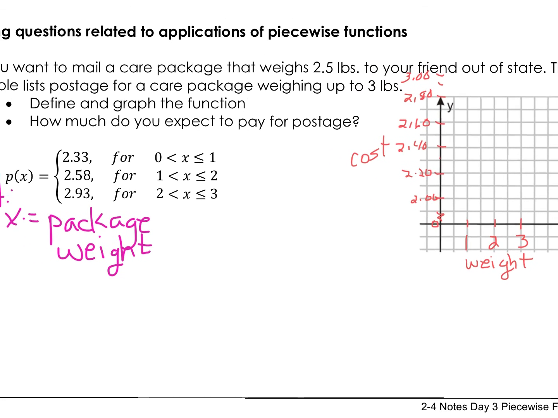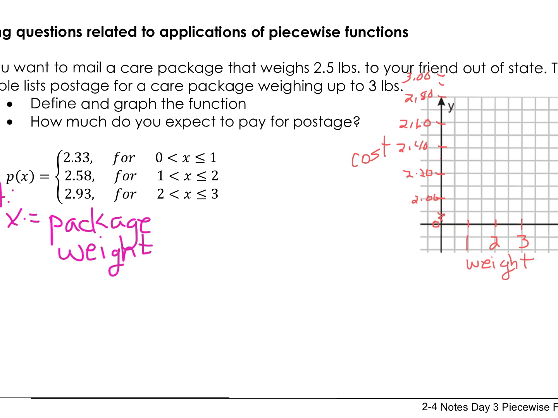All right. So we are going to plot the first one. Let's put this one right here in green. So if our package weight goes from 0 to 1 and includes 1. All right. So right here at 1, because I know it includes 1, that's my closed circle. We're going to go all the way up to $2.33. So that gets us all the way up to here's $2.30, and then $2.33 is right about here.